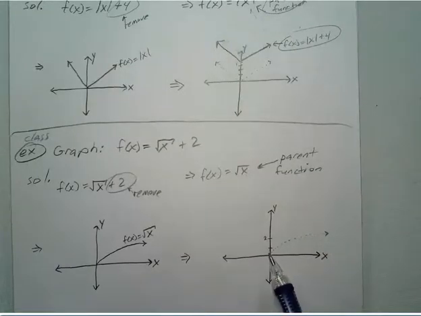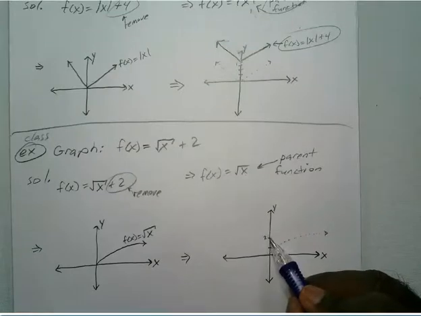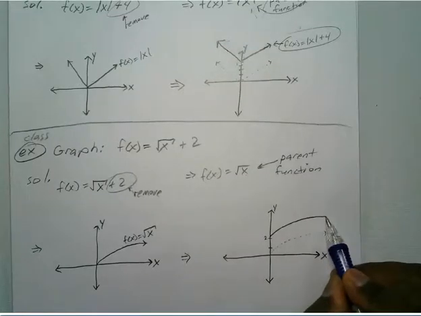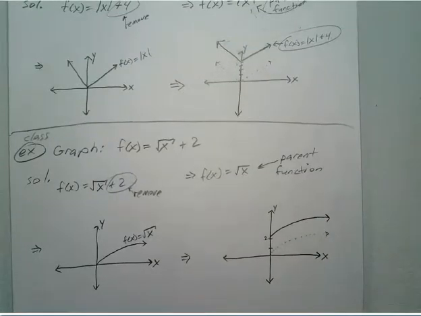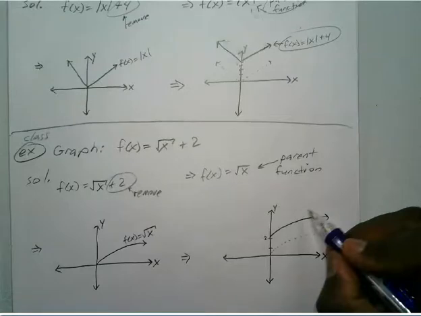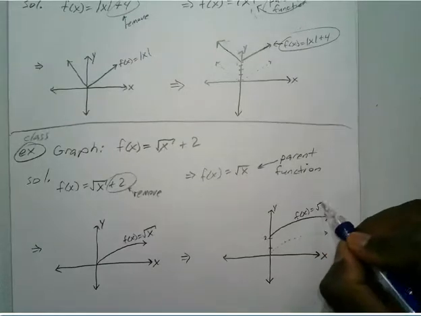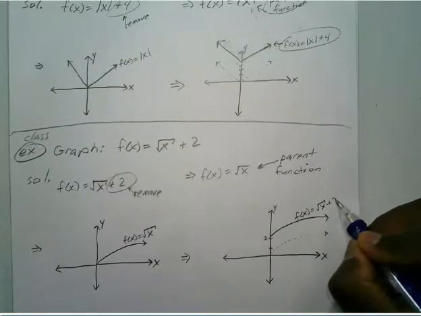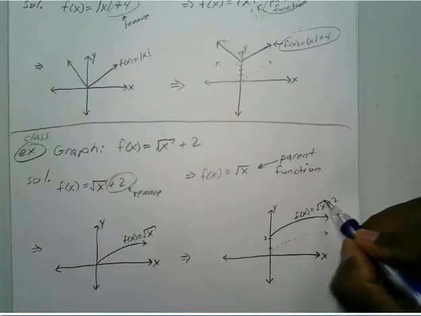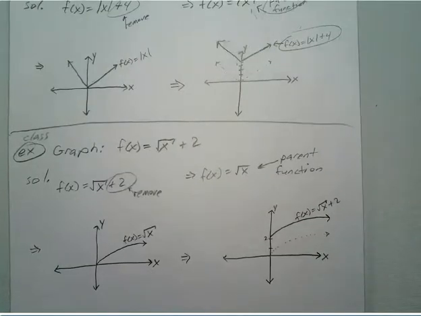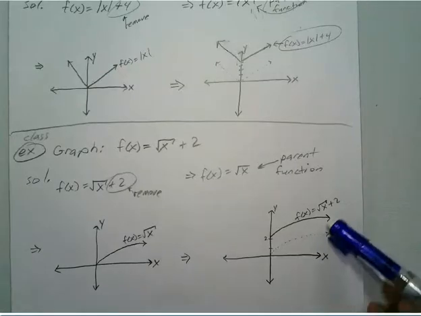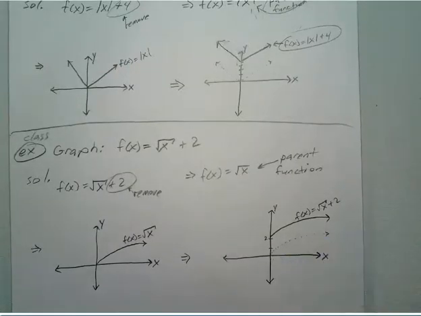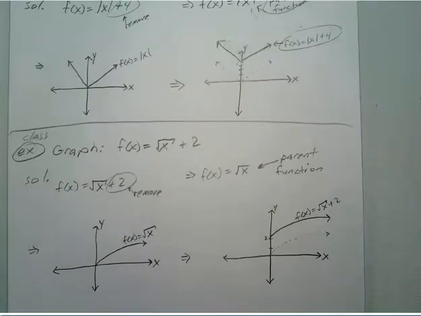So we're going to get that graph and shift it up twice. So that means this is actually our f of x equals square root of x plus 2. Okay. And again, if you want to erase the little dotted parent function, you can. So that's the first part, our vertical shift.